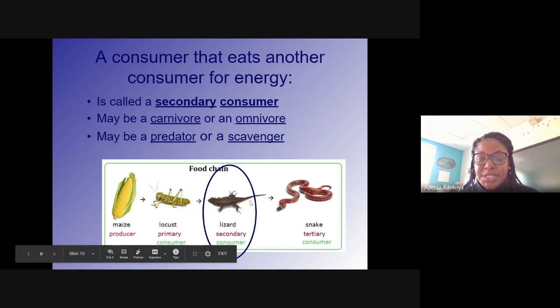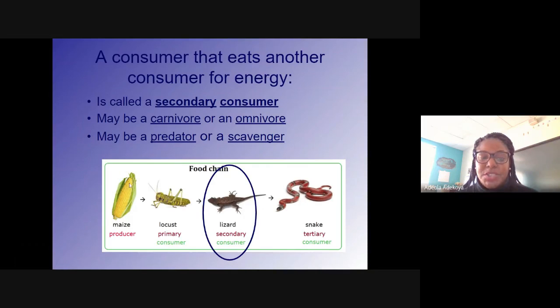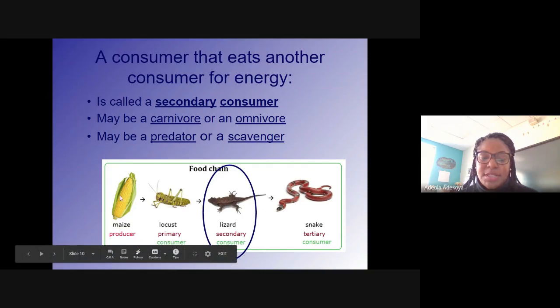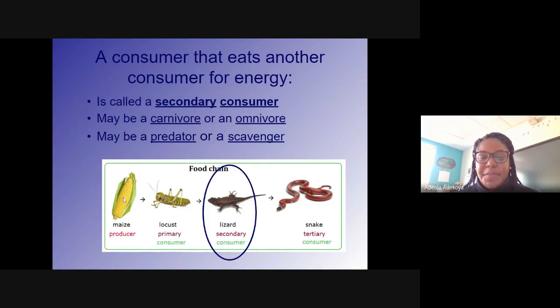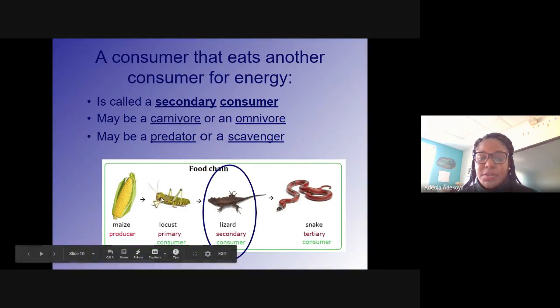So in this case, the lizard is a secondary consumer. Again, with the food chain, we're starting off with the sun. It's passing on energy to the maize. The maize passes on energy to the locust when it eats it. And the locust passes on energy to the lizard whenever the lizard eats the locust. All right. So it's showing us the flow of energy. And this is a food chain, it's just a model.